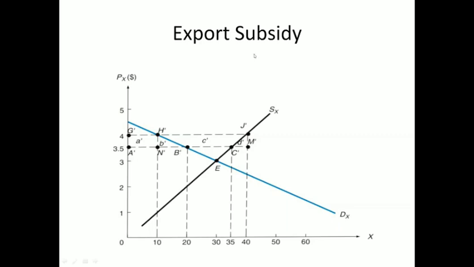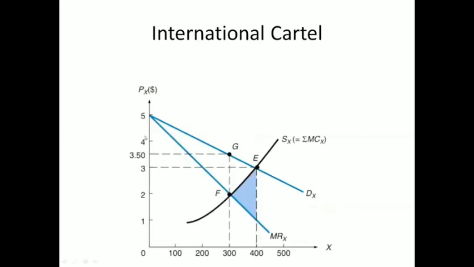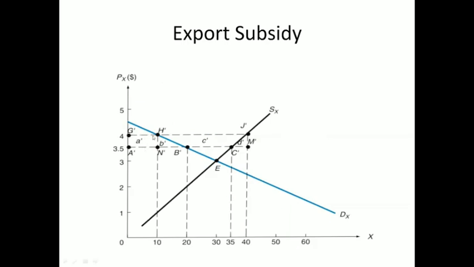Now, as a result of export subsidy, if the prices would increase from $3.5 to $4 for the consumers of the home market, then the consumers would buy only 10x of this commodity. Means their consumption would decline from 20x to 10x. This would result in a loss in consumers' surplus.